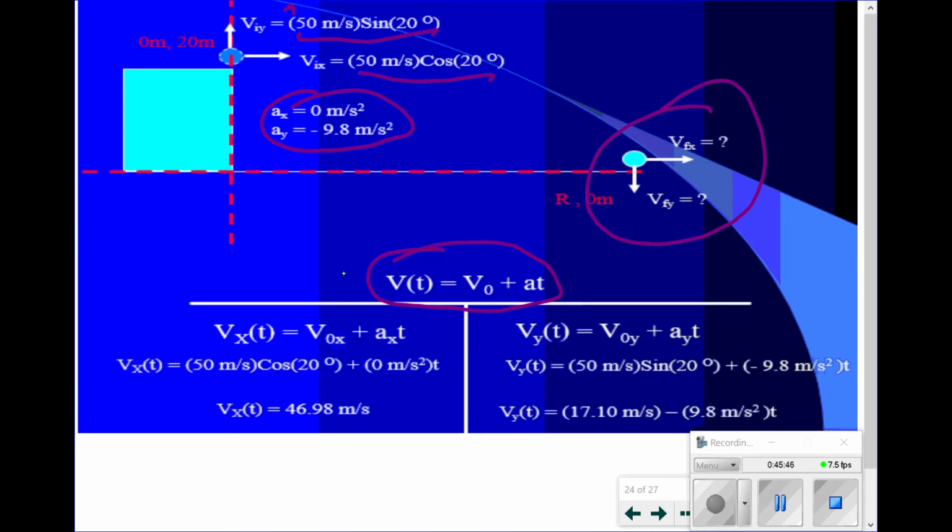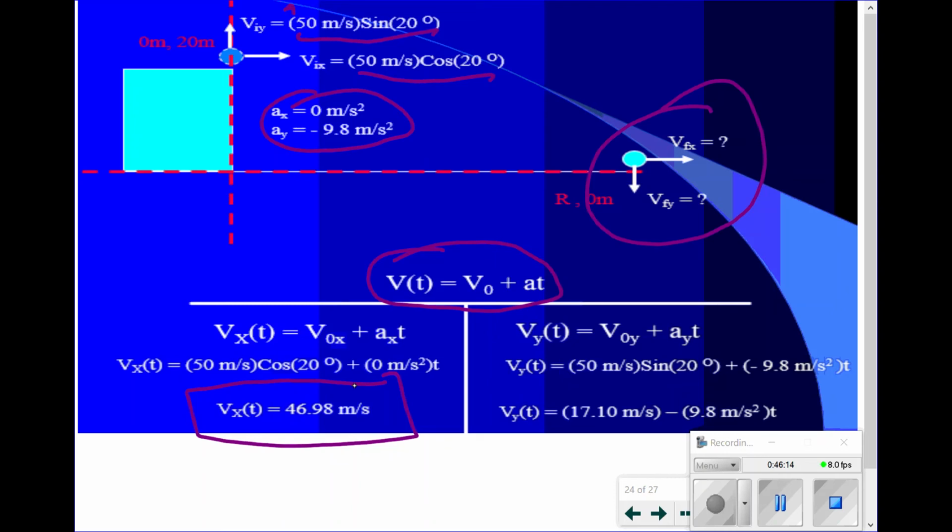For my x-axis, I have 50 cosine 20 plus 0t, so my Vx is equal to 46.98, which was the exact same initial velocity that I had because there was no acceleration. For the y side, I'm going to go 50 sine 20 degrees, which is actually 17.01, plus negative 9.8t.